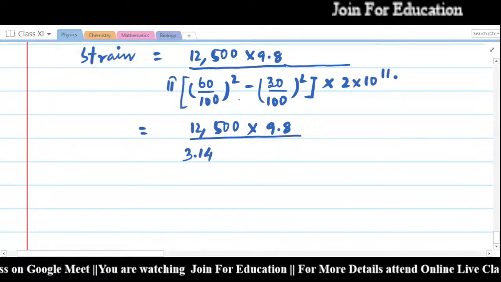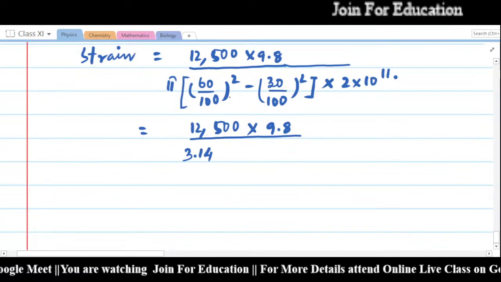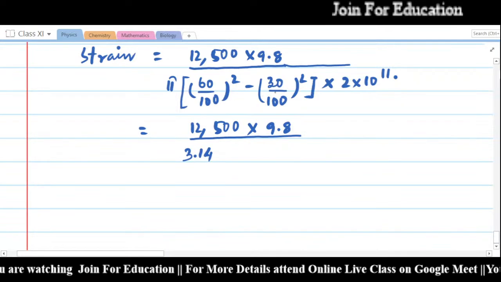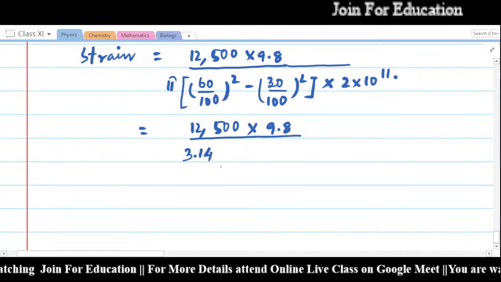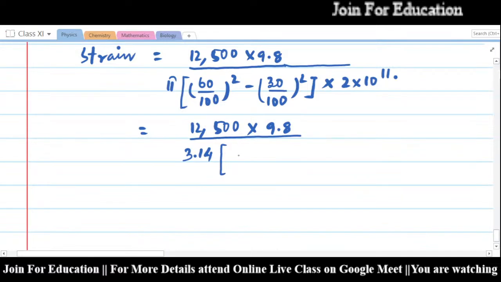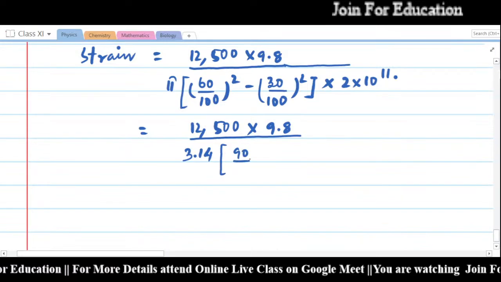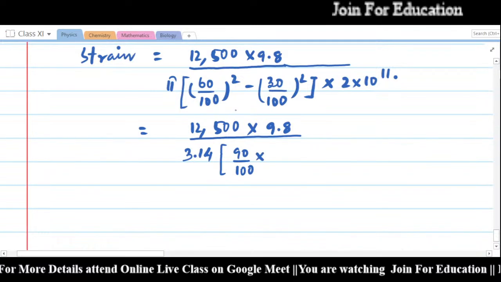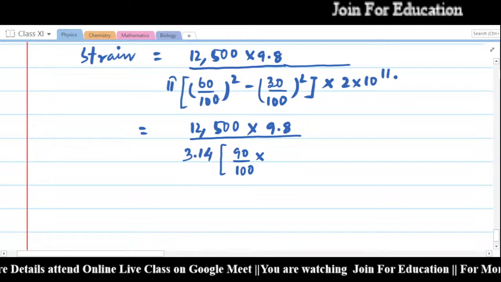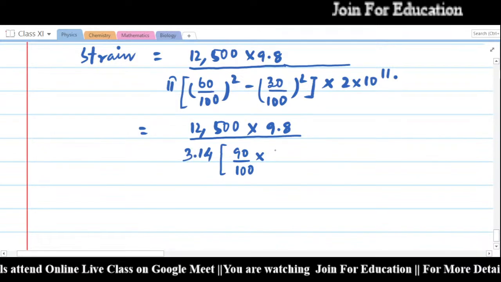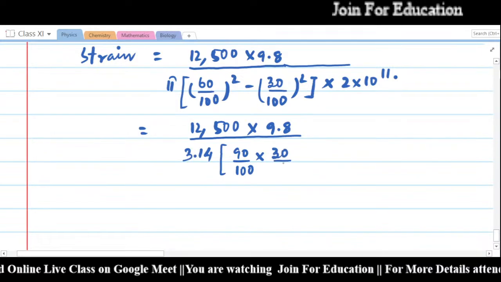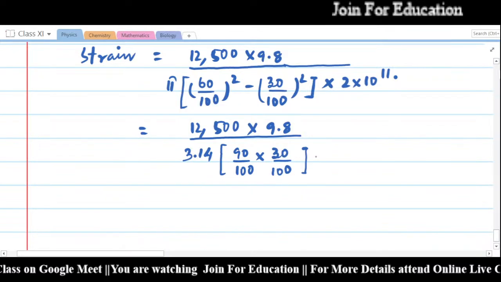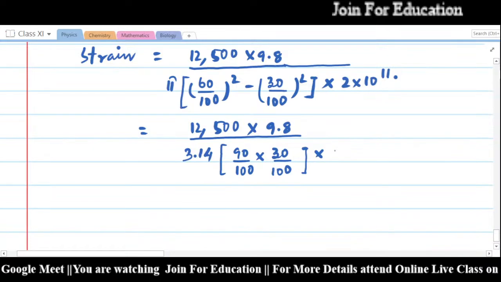So here will be (a plus b) into (a minus b). So when we add this one, then we get here 90 by 100 into (a minus b). When we subtract, then we get here 30 by 100. Hope there is no problem to understand up to this step.